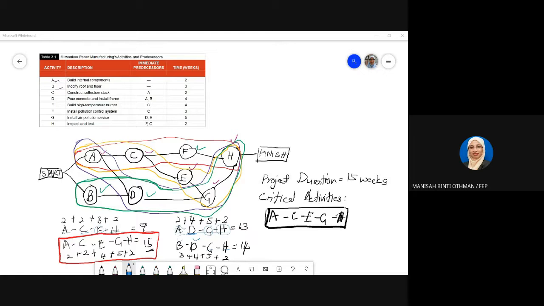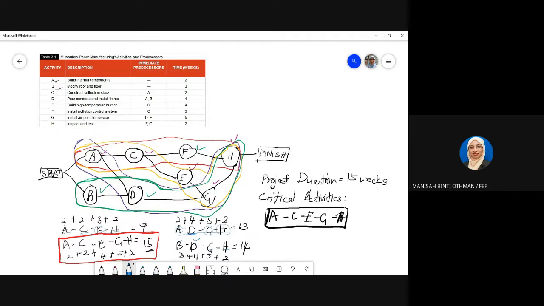To complete this project, they already identified these activities. These are the must-do activities to complete the project. So be careful when you plan the project. You have to identify the activities carefully. You cannot include an activity that is not relevant.